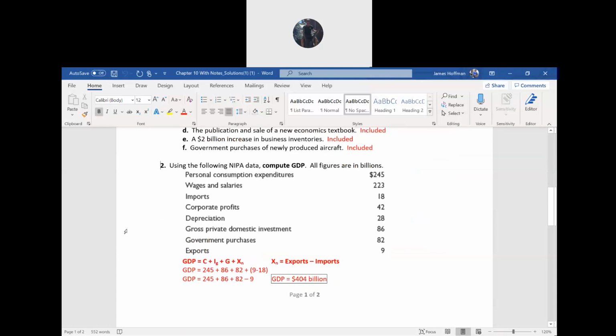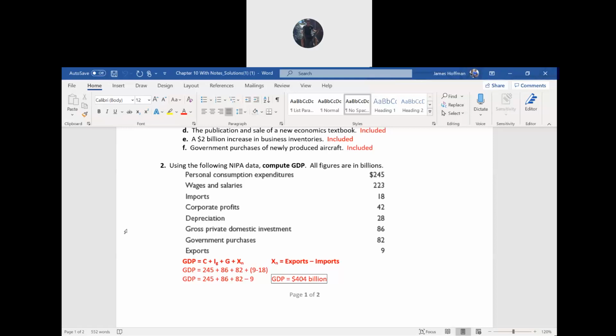All right, number two, this is where we're going to use the expenditures approach. We've got a list of things using the following NIPA data, compute GDP, and all figures are in billions. We have personal consumption expenditures, wages and salaries, imports, corporate profits, depreciation, gross private domestic investment, government purchases, and exports.